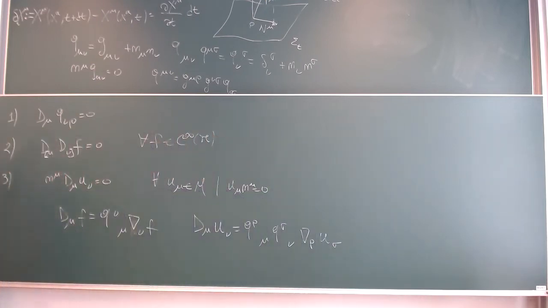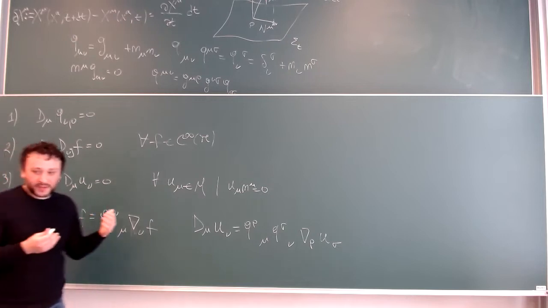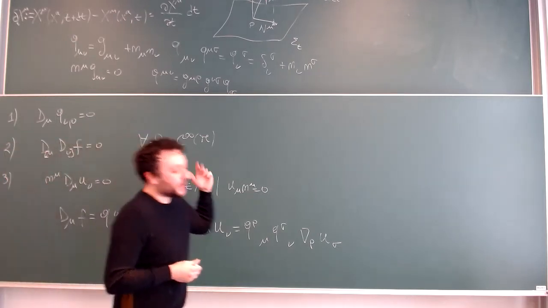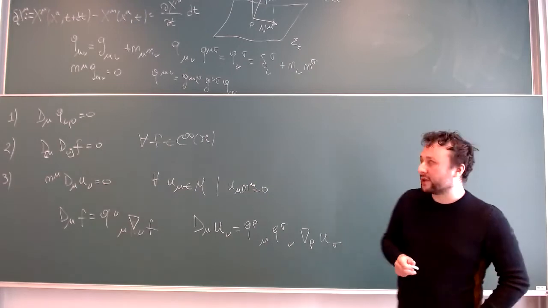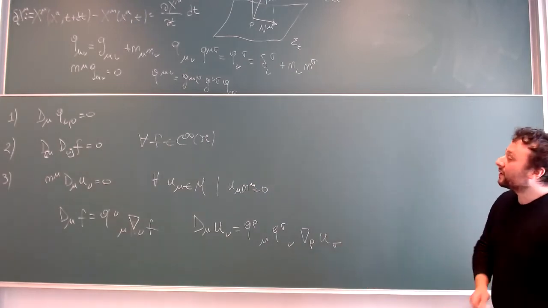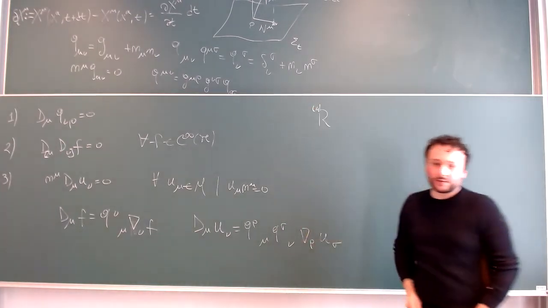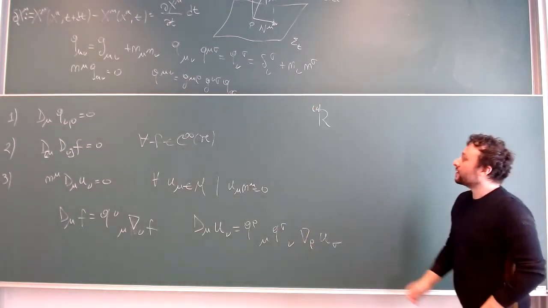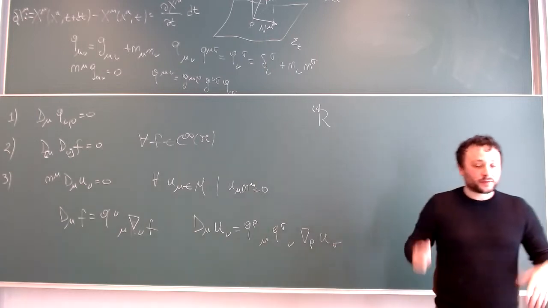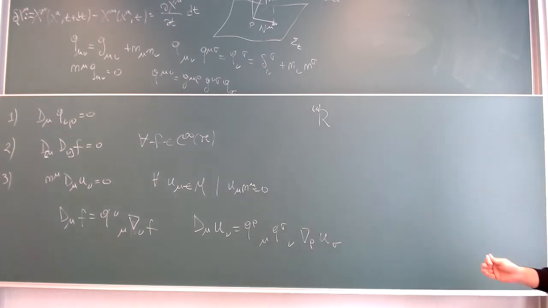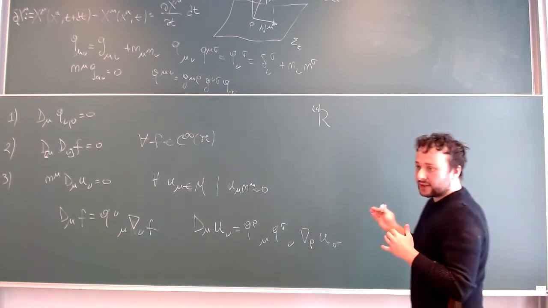Starting from the action, as I told you before, we would like to write in the new coordinates the g, the R, and the measure of the integral. Of course, the R that I consider for the four-dimensional space-time has to be somehow related to the three-dimensional plus something else. What is this something else?